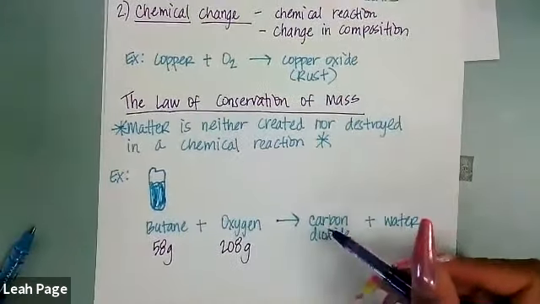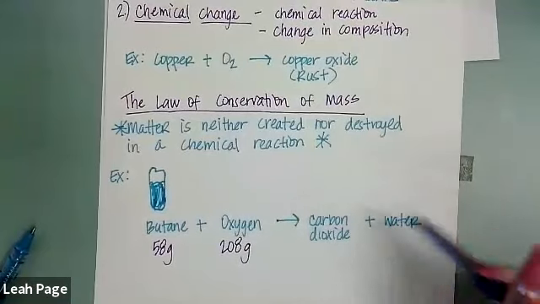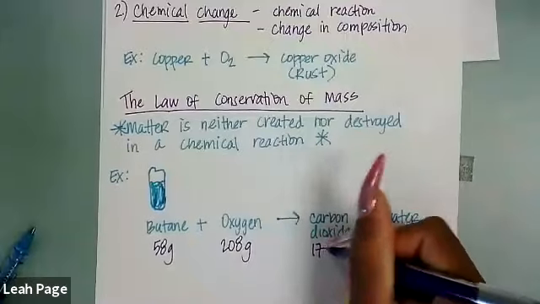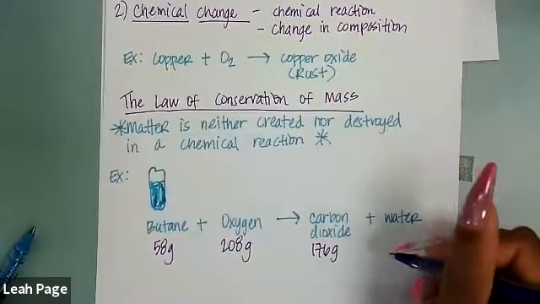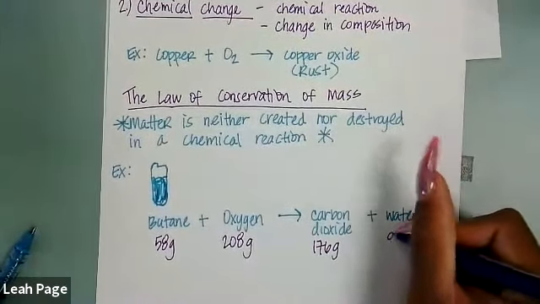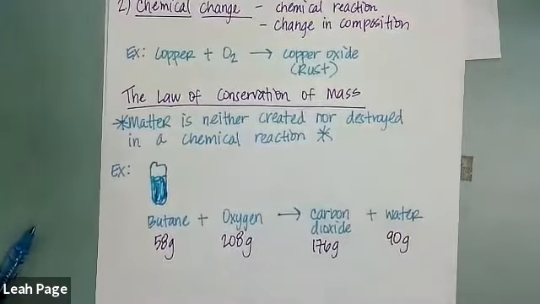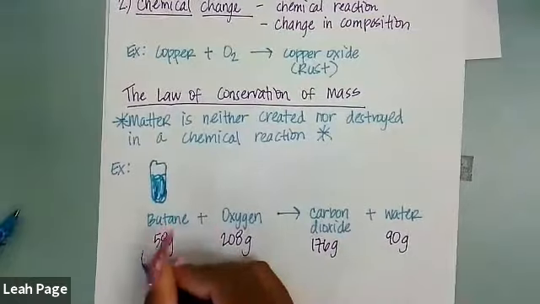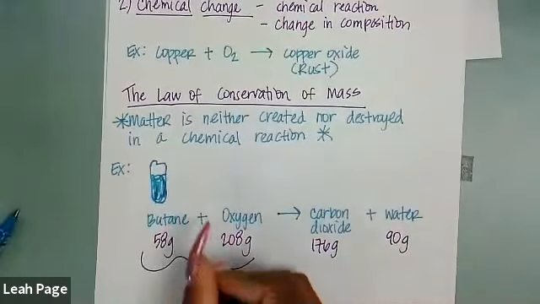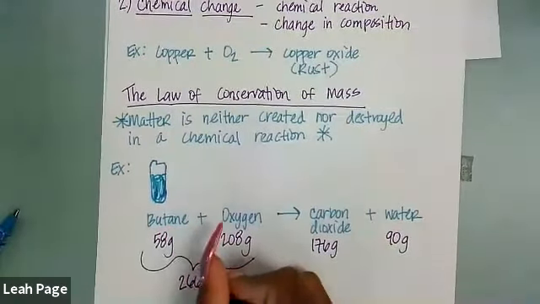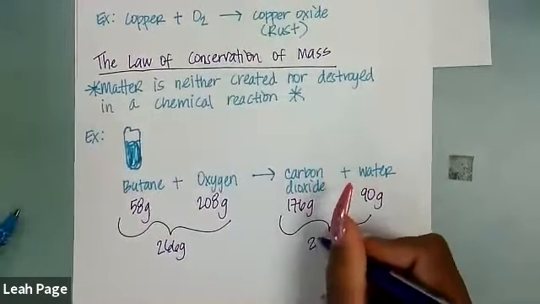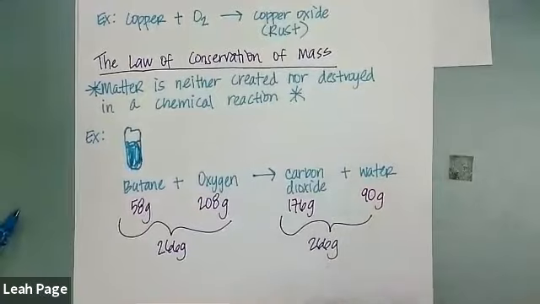If we were able to measure the products, it would be 176 grams of carbon dioxide and 90 grams of water. When you add these up, you get 266 grams that we start with, as well as 266 grams that we end with.